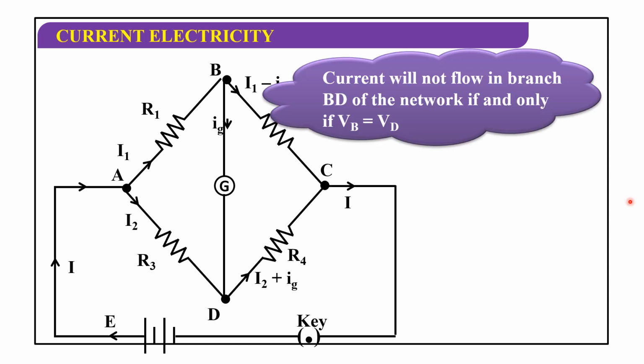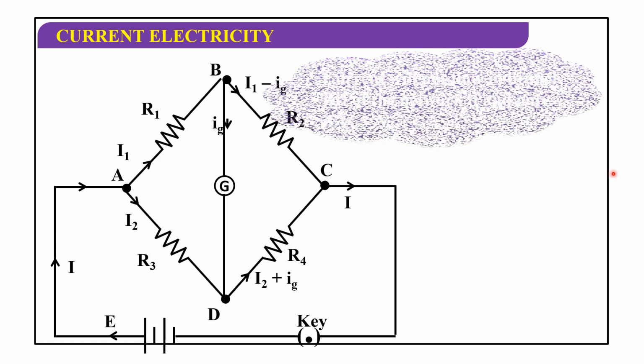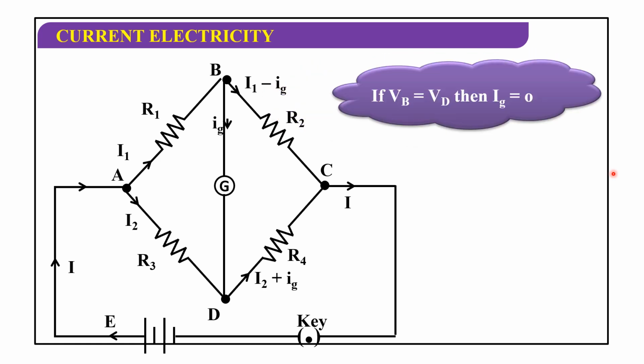Current will not flow in branch BD of the network if and only if VB is equal to VD. That means the electrical potential at the point B and the electrical potential at the point D are the same, so there is no potential difference. As a result, no current flows through the galvanometer G, that is IG is equal to 0. If VB is equal to VD, IG is 0.